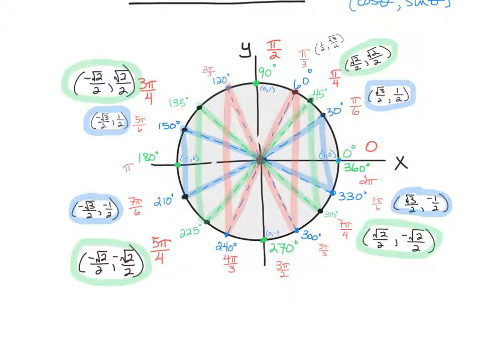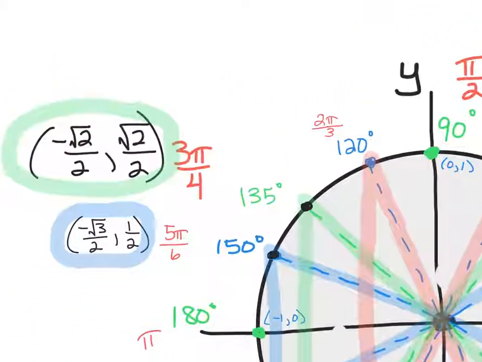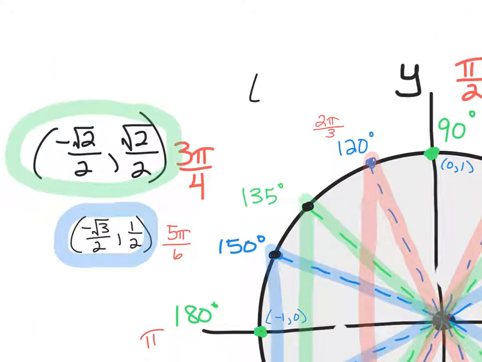And so these points are all going to have an x value that's either positive or negative 1/2 and a y value that's either positive or negative radical 3 over 2. So in the second quadrant, it's going to be negative 1/2 and positive radical 3 over 2.